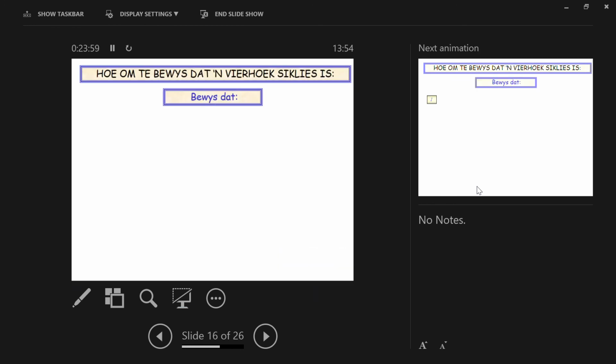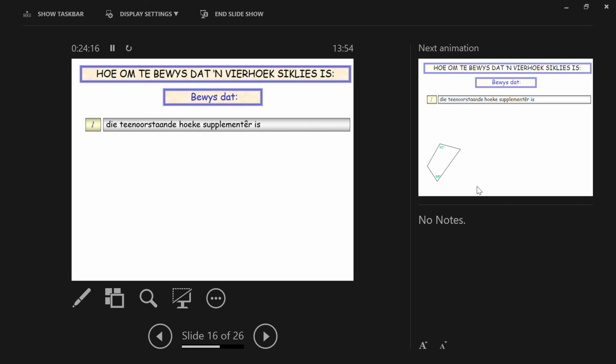Okay, so how do we prove that a quadrilateral is cyclic, né? Om te bewys dat hy siklies is. Met ander woorde, hy's binne in 'n sirkel, né? Kyk eerstens, what do we know about cyclic quadrilaterals? The opposite angles are supplementary.